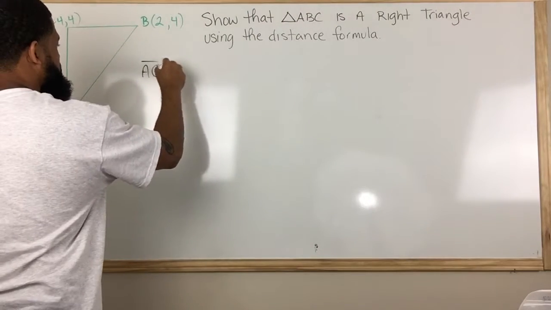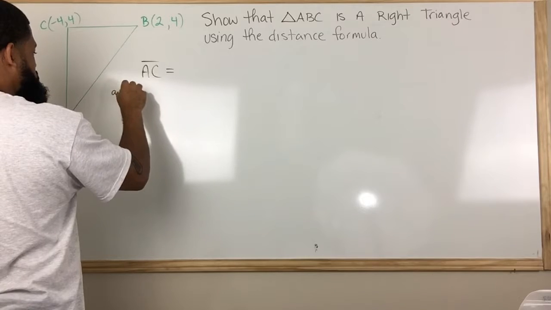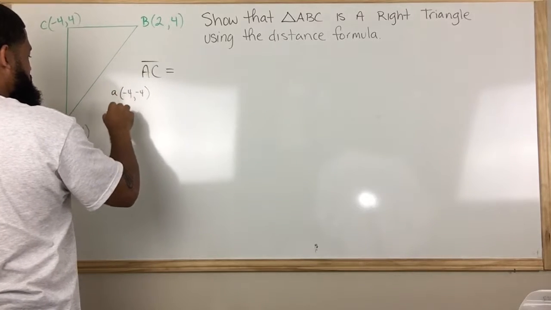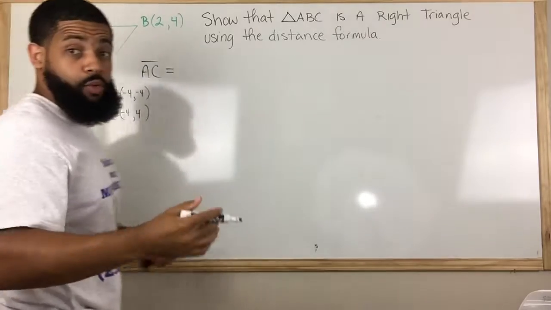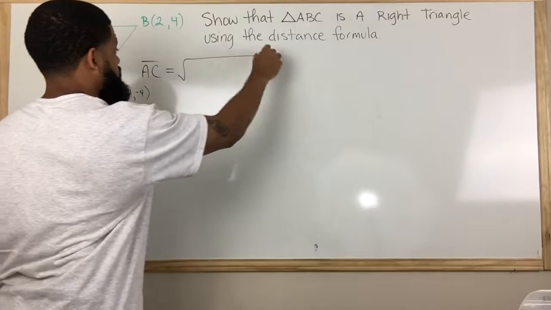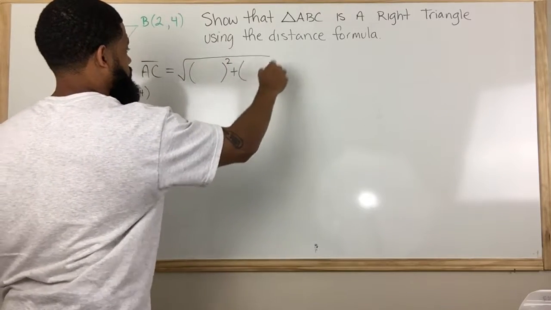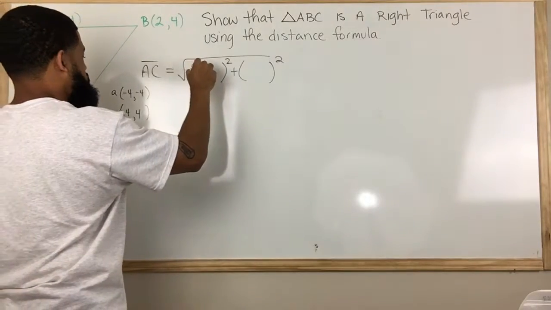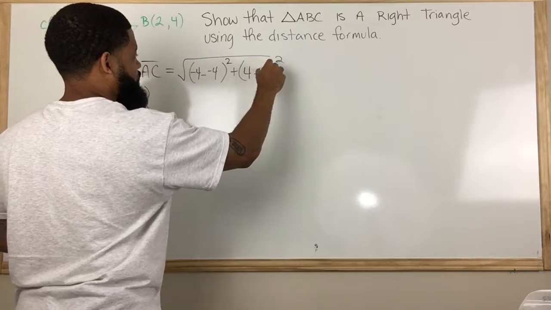So AC, we have -4, -4, and then we have -4 and +4. Now remember, we have to plug in these ordered pairs. So remember, I have this: the square root of -4 minus -4 squared plus 4 minus -4 squared.